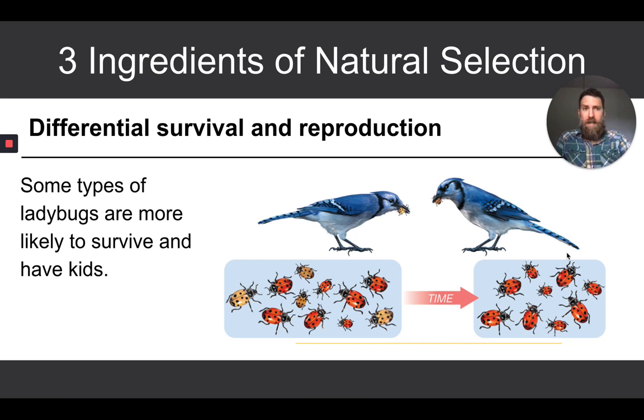Maybe things are getting cold and the smaller ladybugs have a harder time maintaining a temperature that's conducive for survival. So across time, cold weather might shift this population from a mix of large and small ladybugs to just large ladybugs. That would be natural selection too.